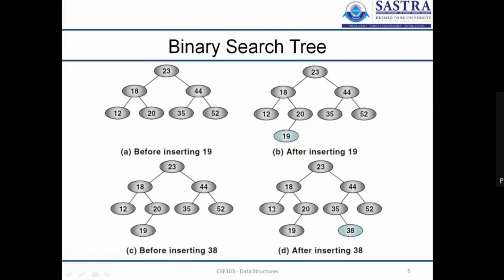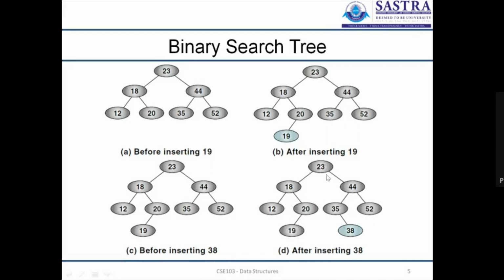The largest from the left subtree is 12, so move it here and delete 12. The other way, find the smallest in the right subtree. The smallest in the right subtree is 19. Copy the 19 to this place and delete 19. In this way, we need to perform the delete operation.